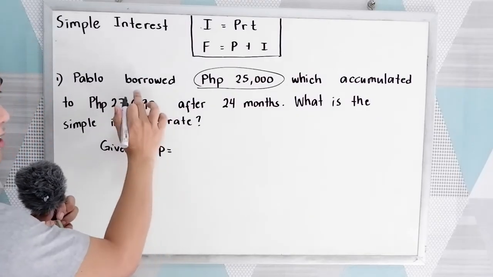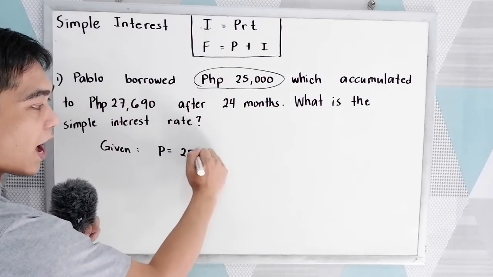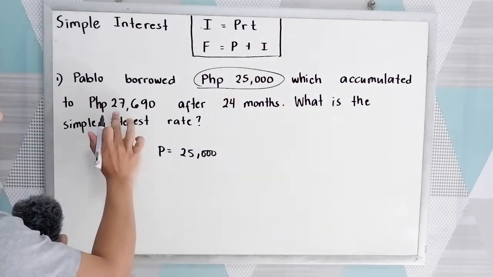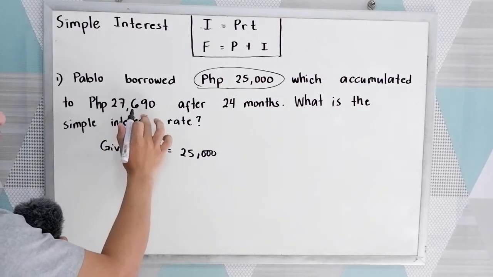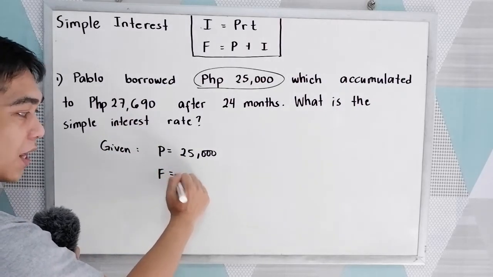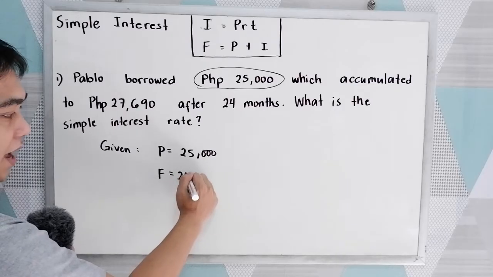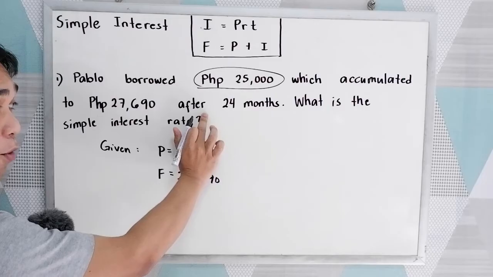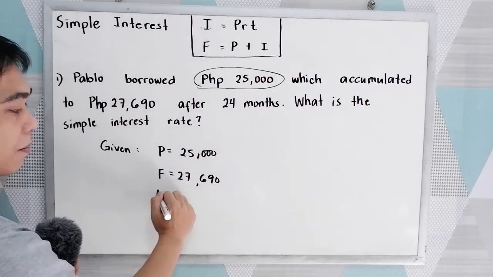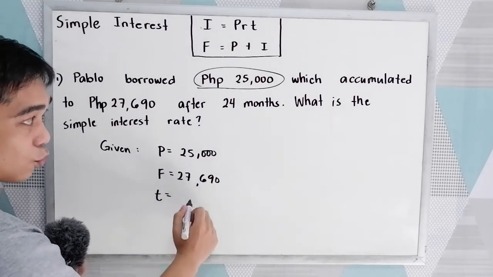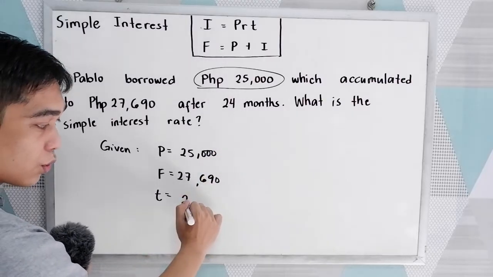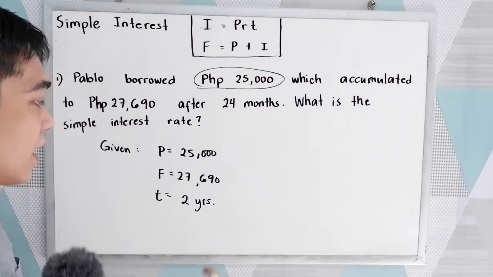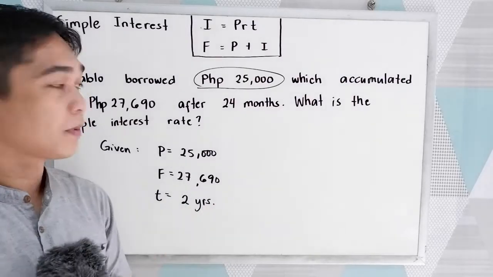Principal: the money he borrowed is 25,000 pesos. Accumulated money is 27,690. That would be our future value. And our time is 24 months. 24 months is equal to 2 years. Take note, your time must be in years.